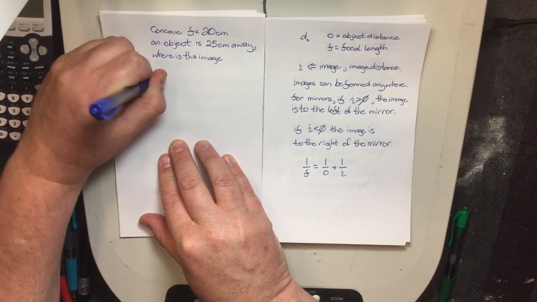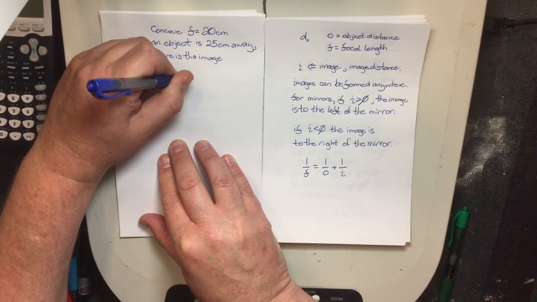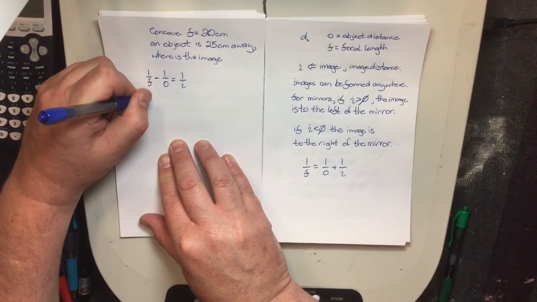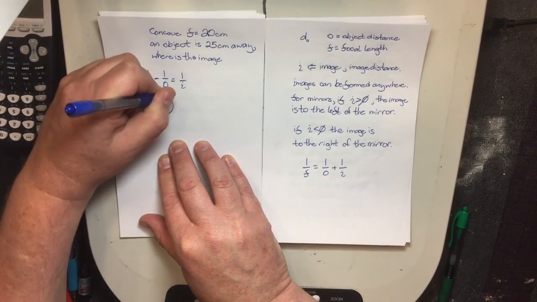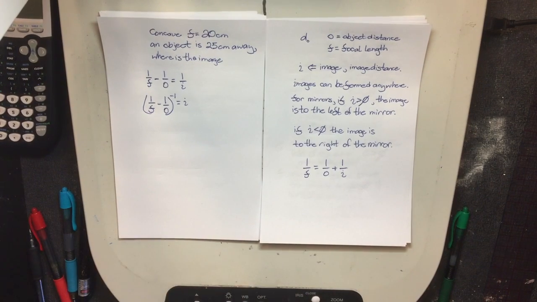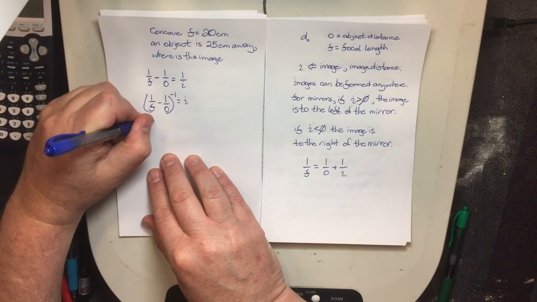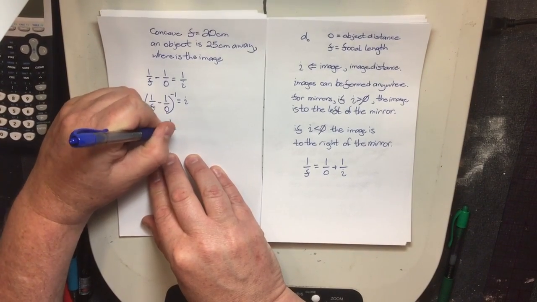What you want to do is solve for i, and you get this. Plug in your values: 1 over 20 minus 1 over 25.